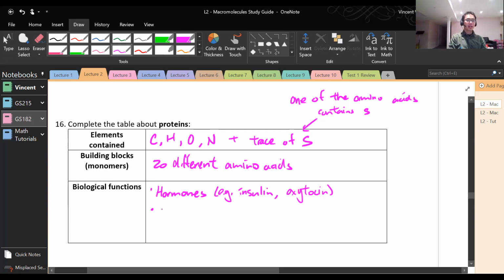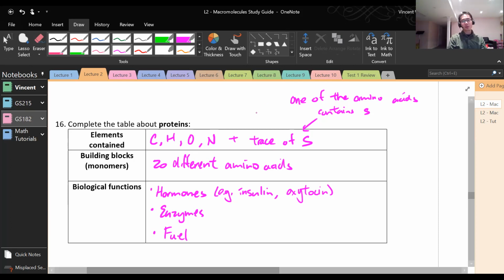Next one. We have enzymes. Enzymes catalyze chemical reactions. They speed up chemical reactions in the body. We can also use proteins for fuel. As I mentioned earlier, if you no longer have a reserve of lipids, you are going to break down some of the proteins.